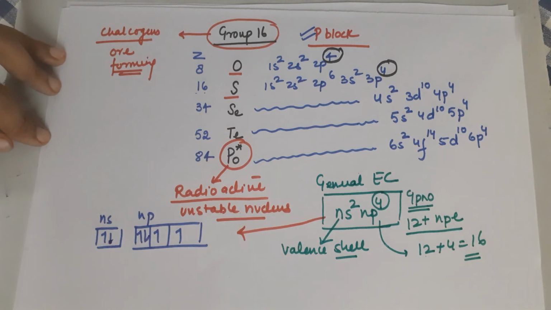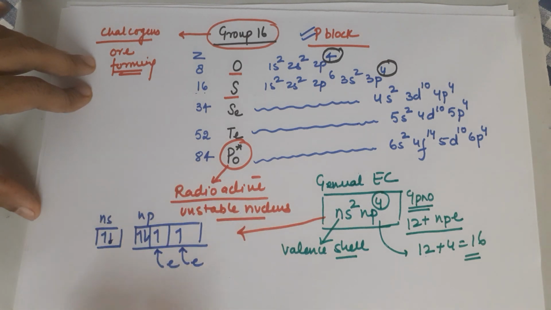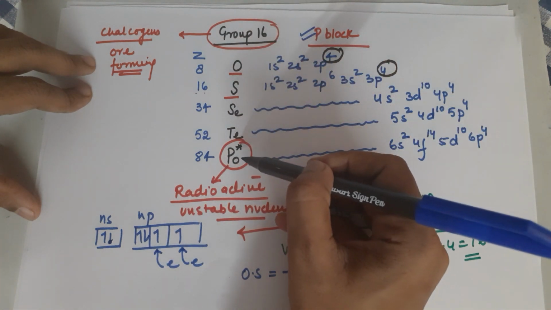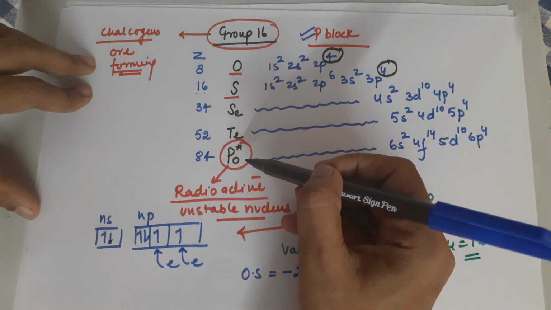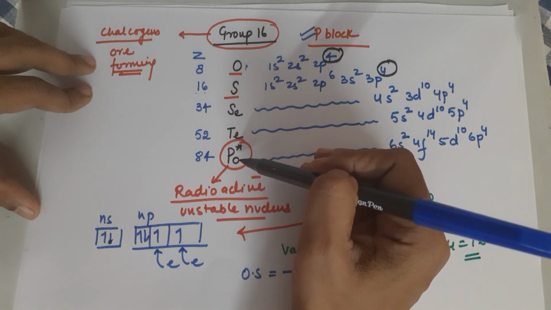Fine. Now, the oxidation state means the combining capacity. How is it going to combine? The first option is it can accept 2 electrons to complete the octet. If this is the case, then the oxidation state is going to be -2, where the element has to accept electrons. You very well know that on moving down the group, the atomic radii increases. Since the atomic radii increases, electron gain becomes difficult.